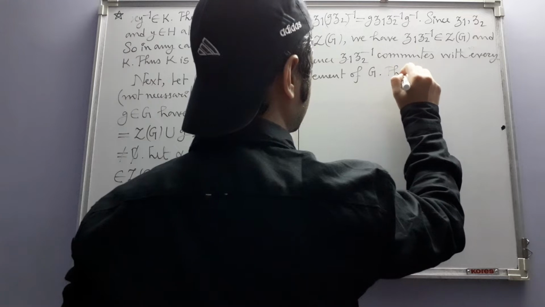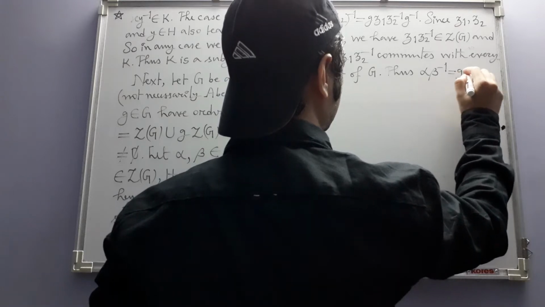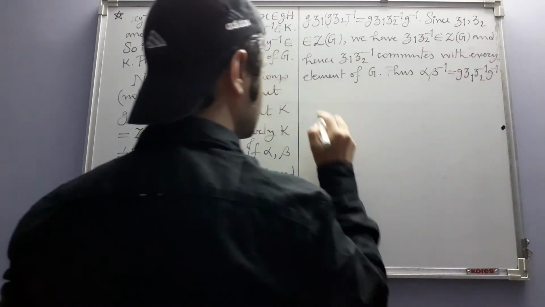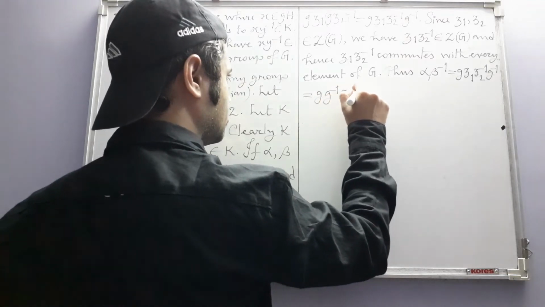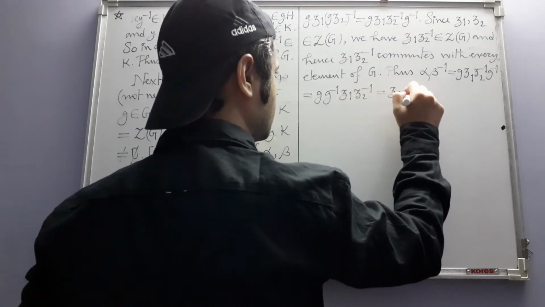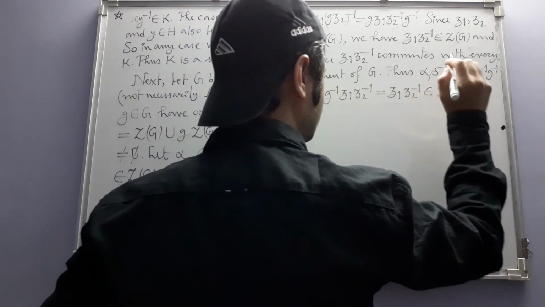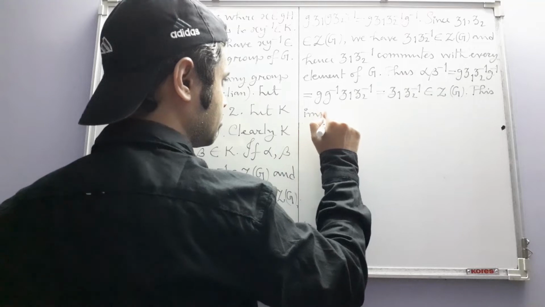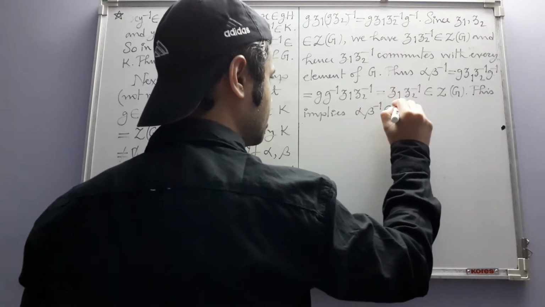Thus, alpha beta inverse, which is this, is equal to this, which implies alpha beta inverse belongs to K.